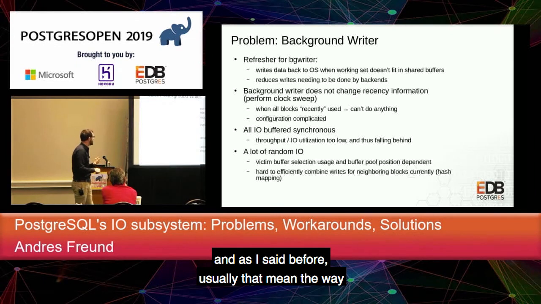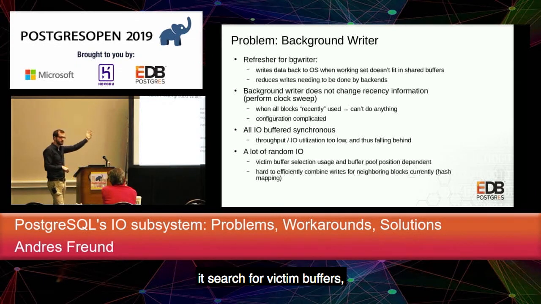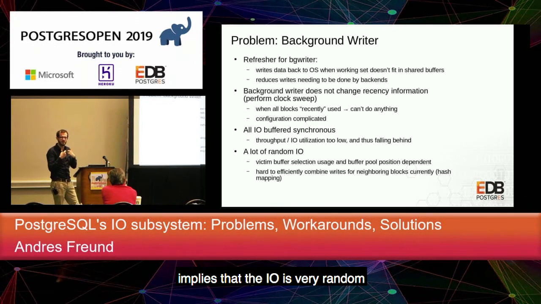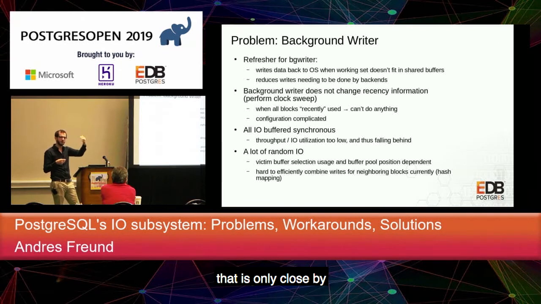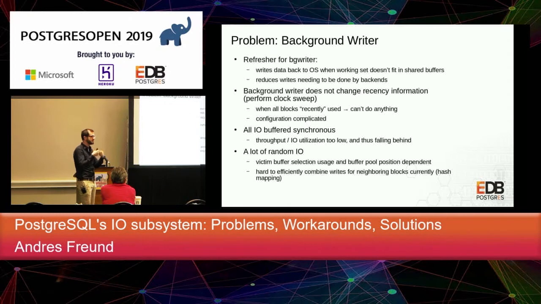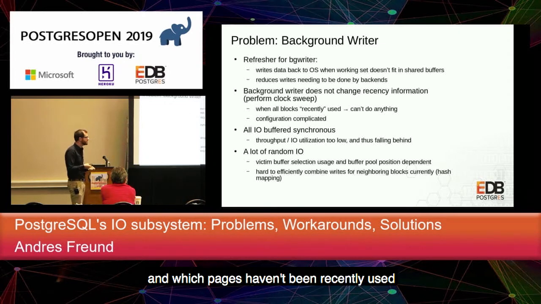And as I said before, the way it searches for victim buffers implies that the I/O is very random between one page and the next page, because we'll just find something that is only close by in the sense of where it's put into the buffer pool and which pages haven't been recently used.